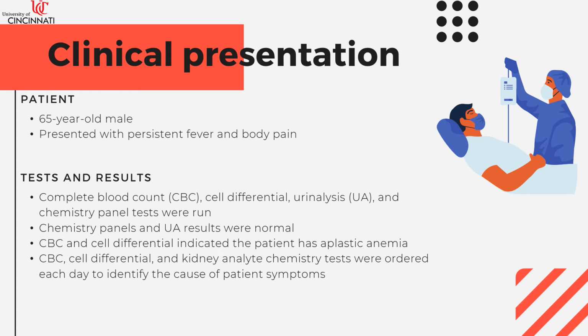The results showed normal chemistry panels and urinalysis screen, with the CBC and cell differential indicating a diagnosis of aplastic anemia. The aplastic anemia diagnosis is helpful in this case, but did not aid the physician in understanding the root cause of patient symptoms. Because of this, a CBC, cell differential, and kidney analyte panels were ordered daily in attempts to diagnose the patient.